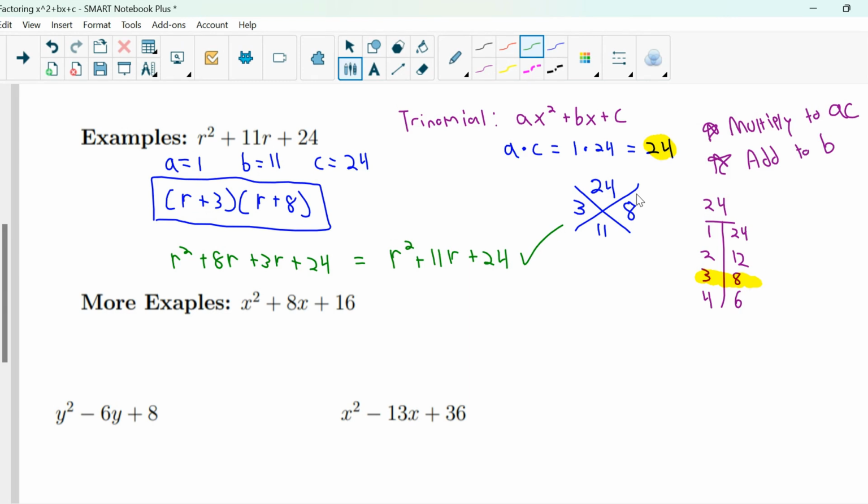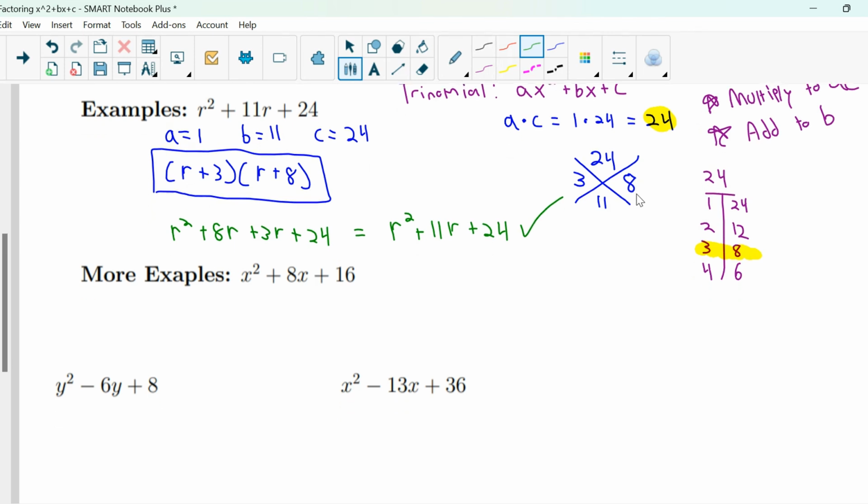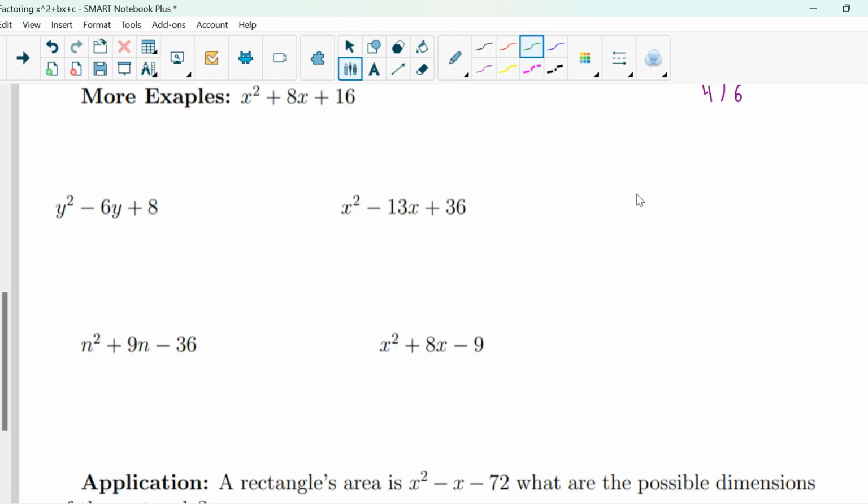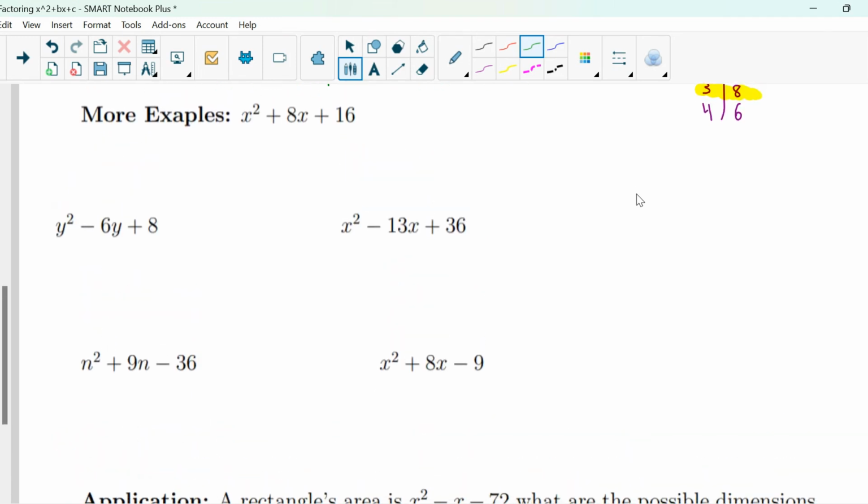All right, let's go ahead and do just a couple more examples of our standard AC factoring. I'm just going to choose two of these, and I think I'm just going to do the ones on the left side. So first, let's start by taking A times C, which in this case would be 1 times 8, which is just 8.